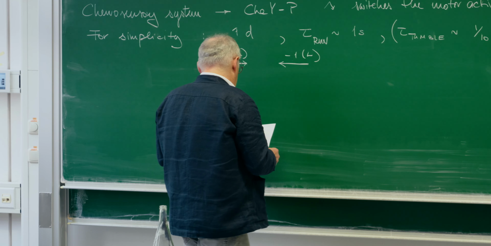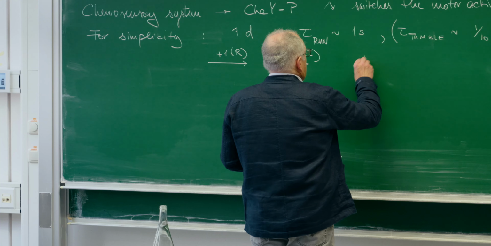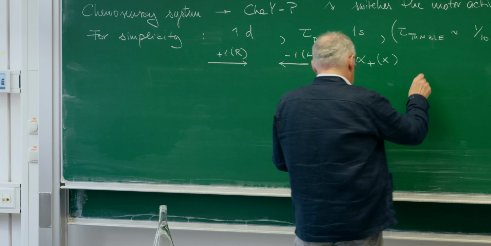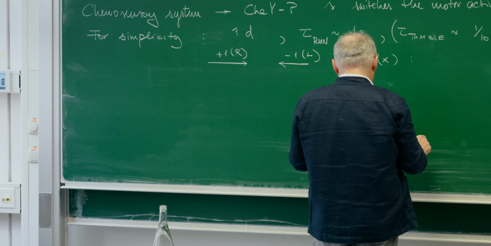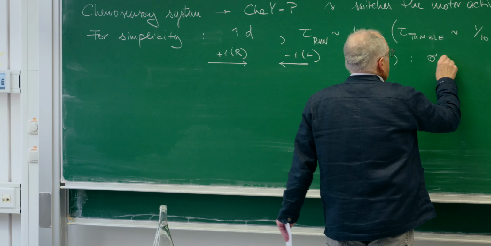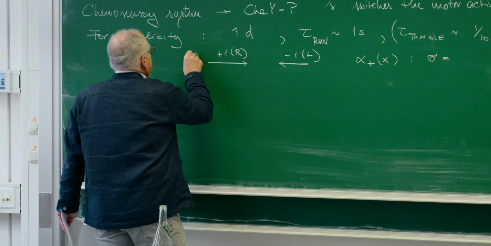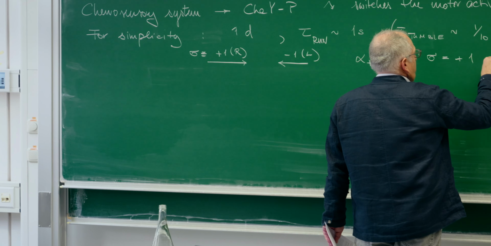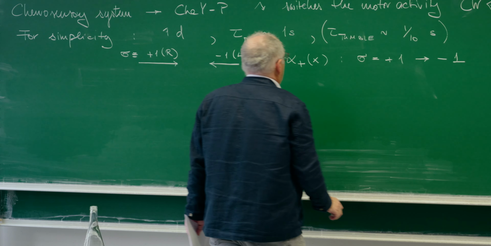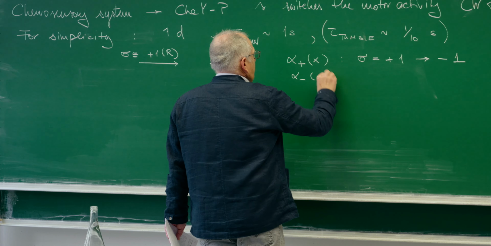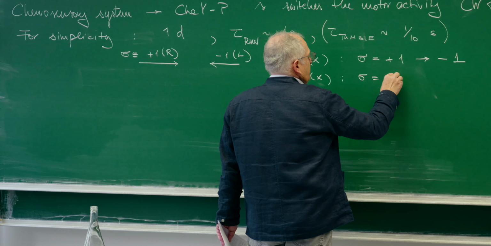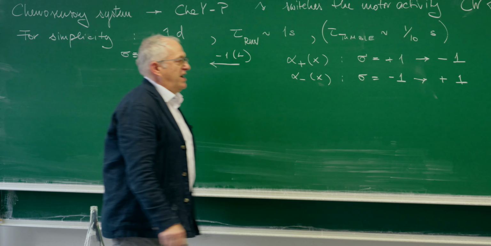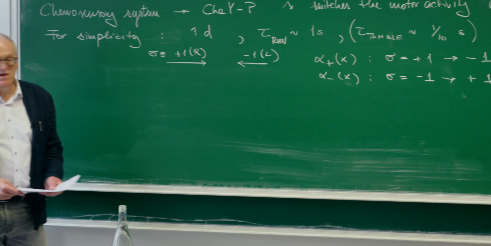So the rates that we have is alpha plus, which may depend on position. And this rate alpha plus gives you a transition from sigma, so let me call this here sigma, equal +1, so right moving, to -1, and alpha minus of x is you start from a left moving bacterium and it transitions to a right moving bacterium.